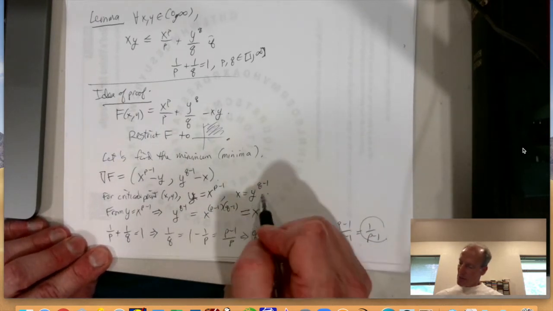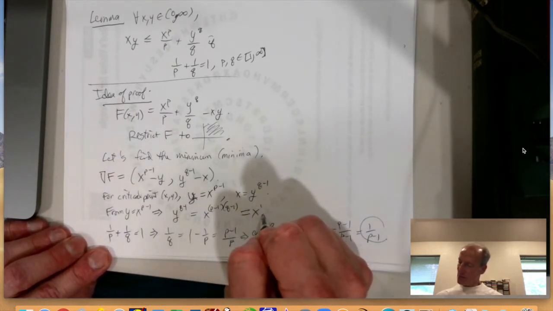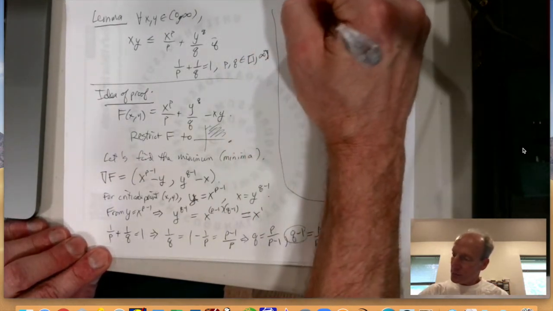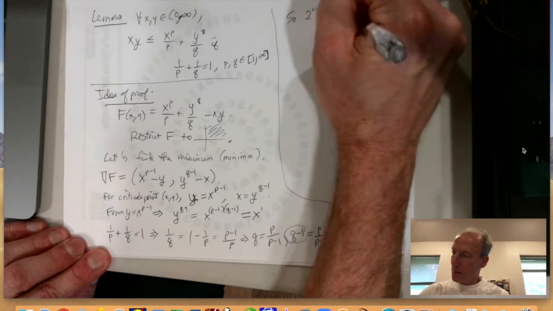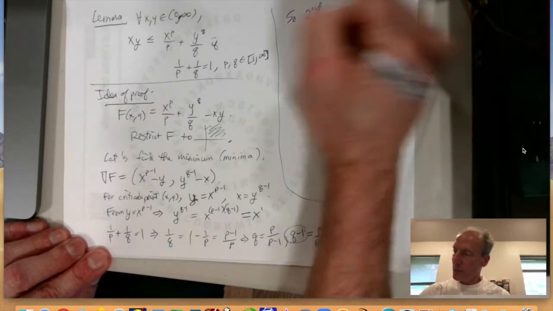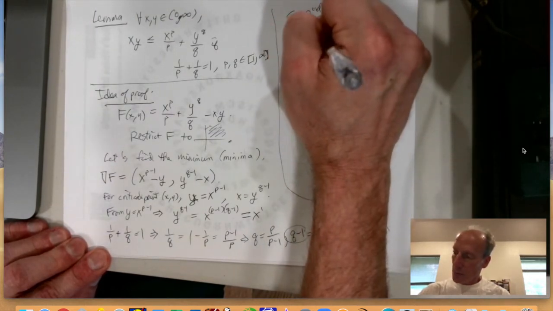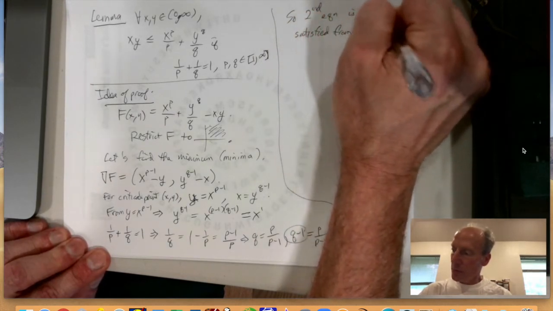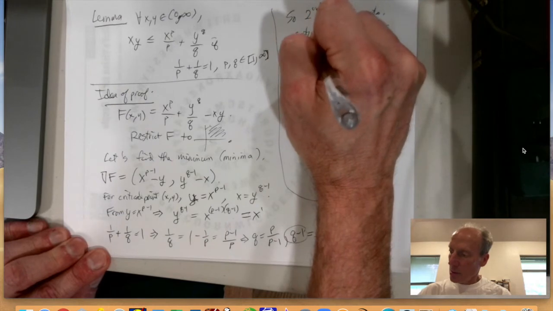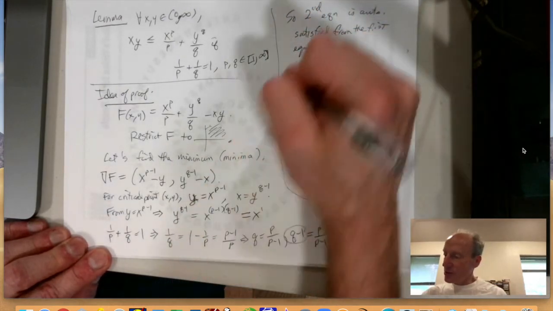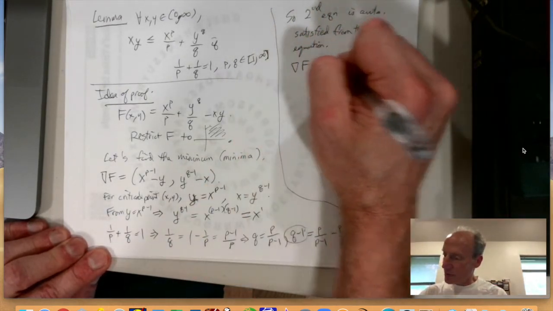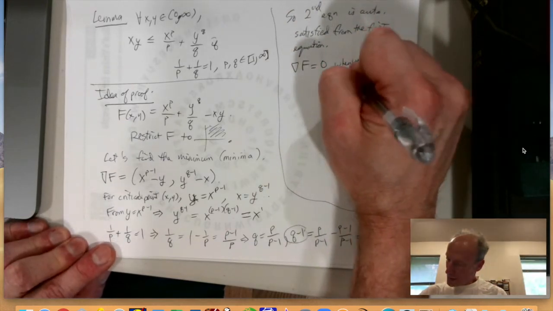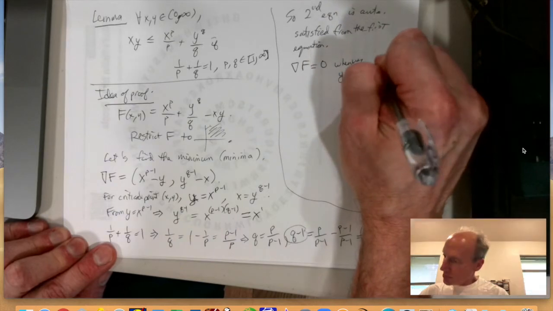So the second equation is automatically satisfied from the first equation. That tells you that the gradient of f equals 0 whenever y equals x to the p minus 1.